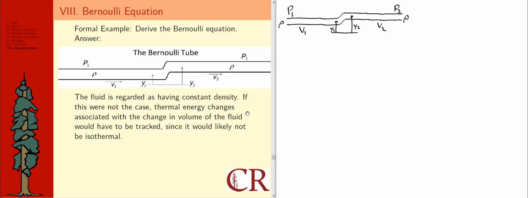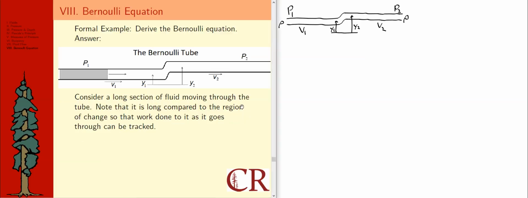So we have to assume that there is no energy going into or out of the fluid's internal energy, and that corresponds to the assumption of incompressibility or constant density. All right, let's move on. Consider a long section of fluid moving through the tube.